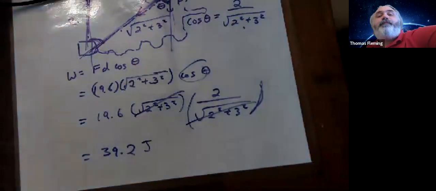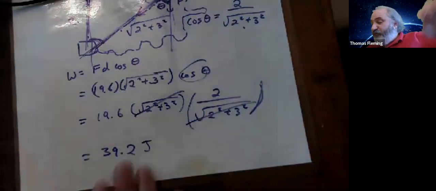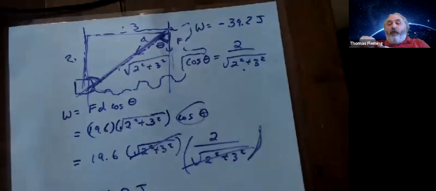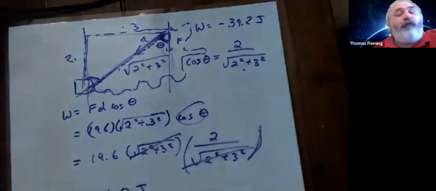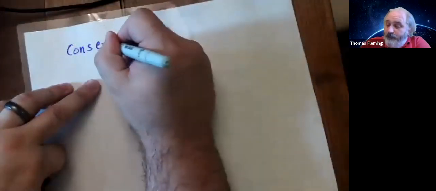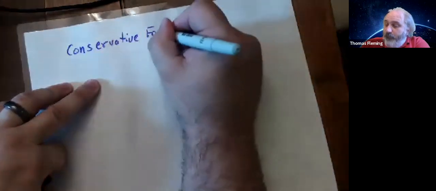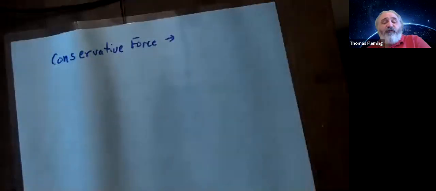So we call this kind of force any force for which it is true that the work done over any closed path will always equal 0. We call that a conservative force. So when I say a force is conservative, no, I don't mean that it watches Fox News and it ruins America.